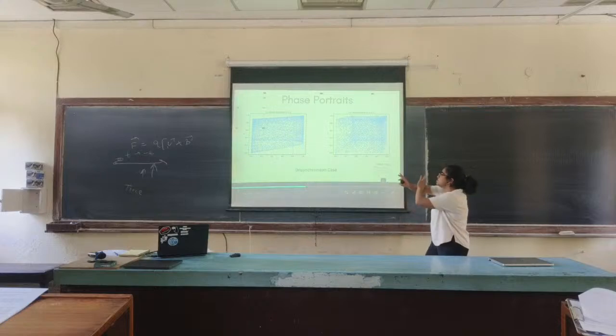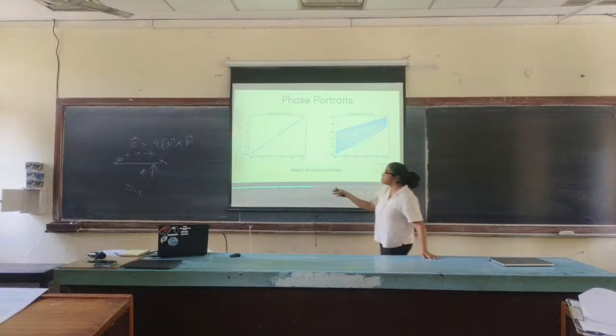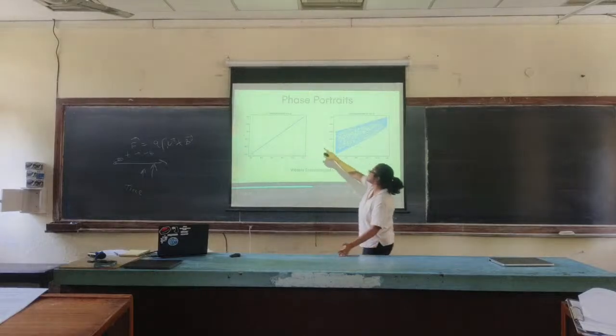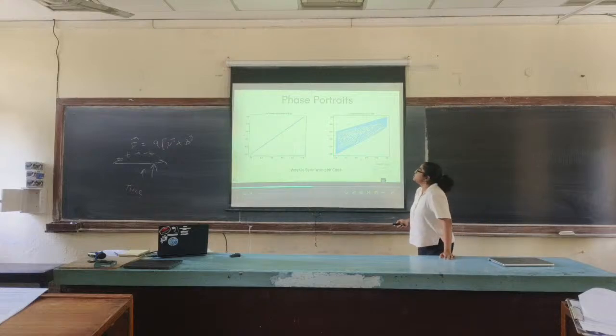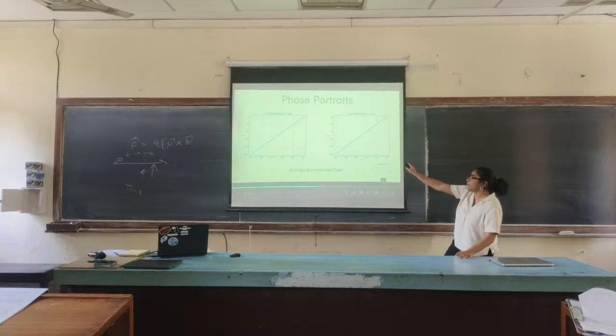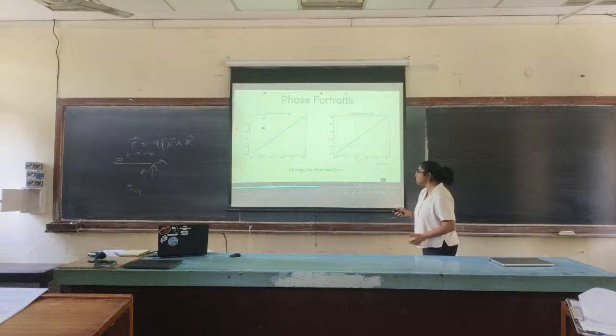We can see it's not synchronized at all. As we increase the value of k, this is for k equals 0.4, we see that there is some sort of synchronization between y and y prime, right? Because they're matching. But over here, it's still not yet synchronized. And finally, when we increase it to 0.6, we see that both of them are matching. So this is what we define as strong synchronization.